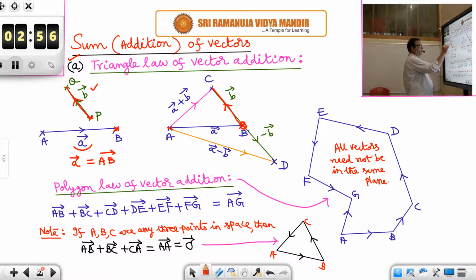If PQ bar is B bar, then BC bar is also B bar, because the magnitude and direction are the same, since we have drawn parallel lines. So this is A bar.